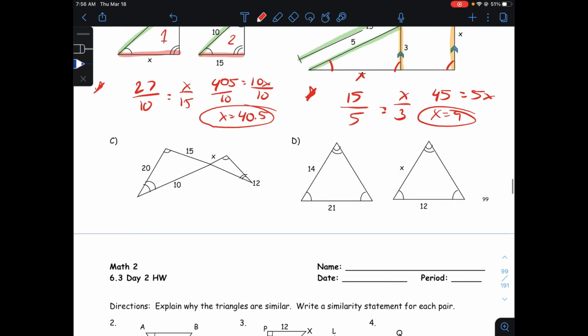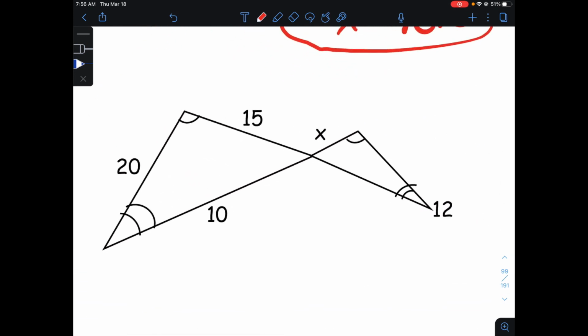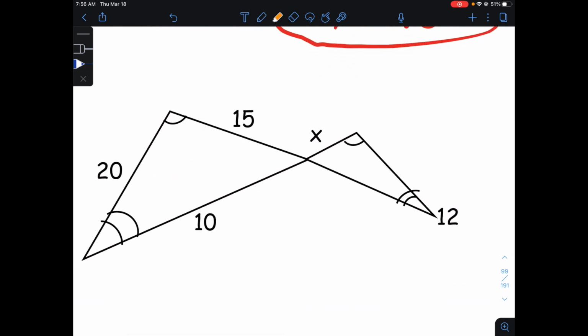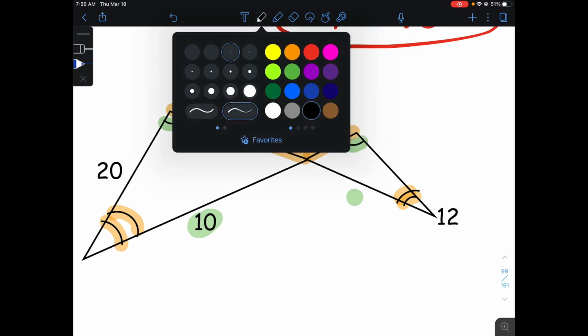All right, so let's take a look at C. Again, we're going to use these angles to figure out which sides go together. The side opposite these congruent angles are going to be corresponding. Okay, so that means that the 15 and the x go together. And then we look here. The 10 would go with this missing bit of information. However, I do believe this 12 is supposed to be here.